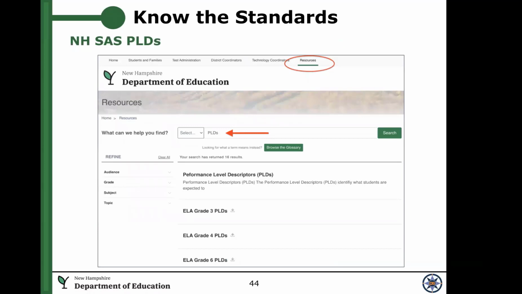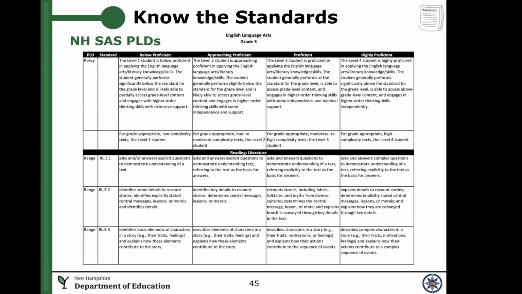So again, you're on this New Hampshire SAS portal, and you click on resources, and you can type in PLDs, or performance level descriptors. You'll download it to your computer, and then you'll open up whichever grade level you're looking at. This is grade 3 language arts, and you can see along the left-hand side here that there are specific standards listed, and then it shows you what students are doing at each level of proficiency for that particular standard.